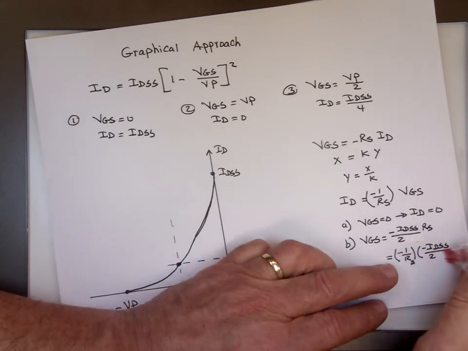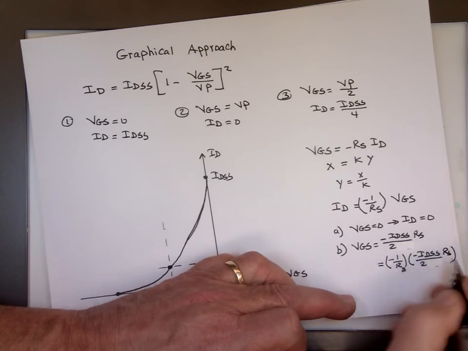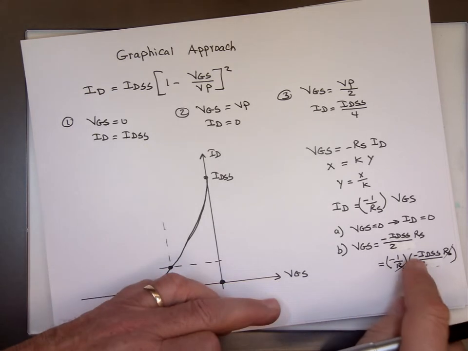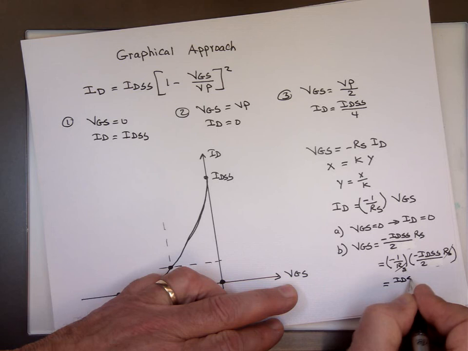Notice what happens. The R sub S cancels the R sub S. That was my goal. And the minus cancels the minus. That means I'm going to have I sub DSS over 2. So that's half of that here, somewhere here.